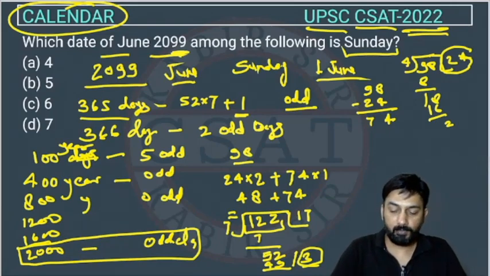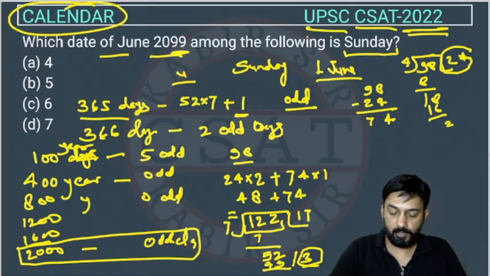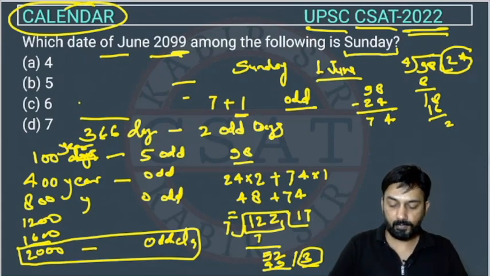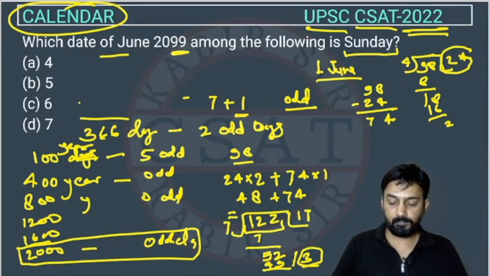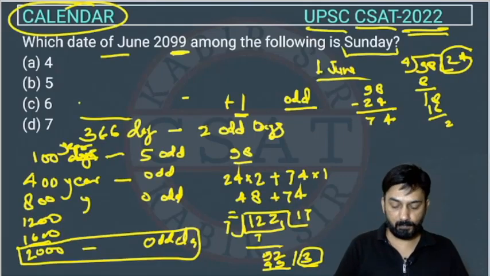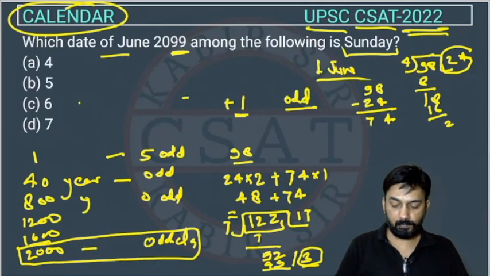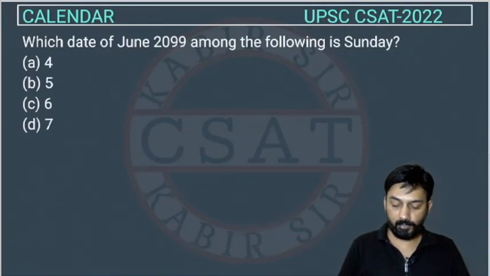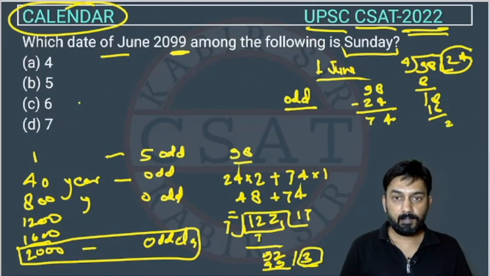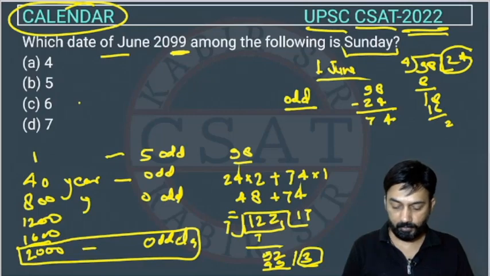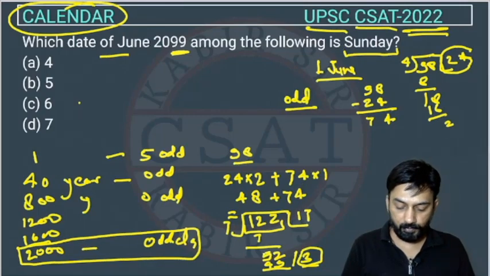Now I am removing this so that I can get space. Now we will calculate for year 99, that is, year 2099. How many months are there?